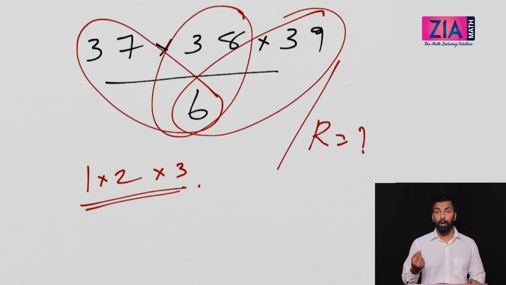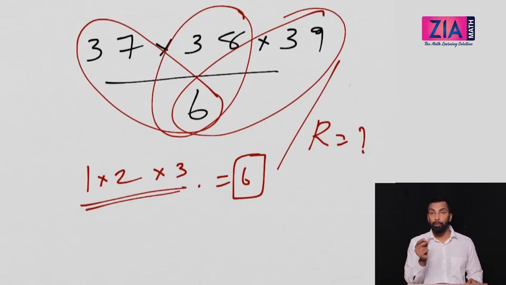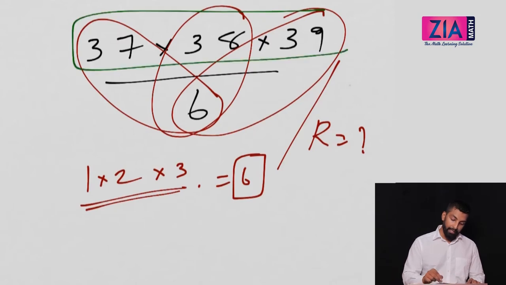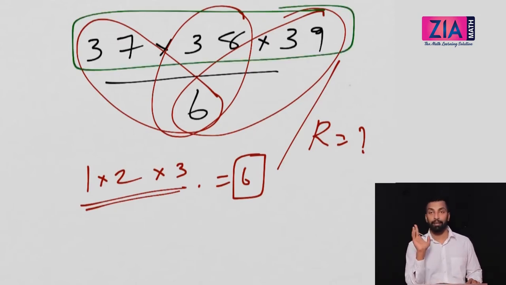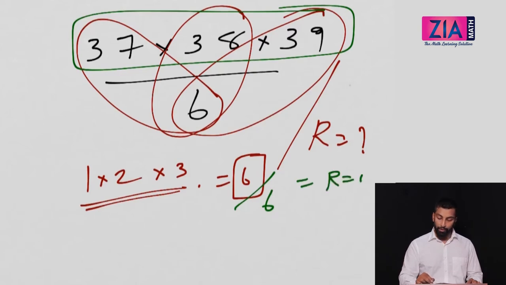So when you take the product, you will get 6. What does this mean? You are getting the divisor as the product of individual remainders, which means this given numerator is divisible by 6 and there is no remainder. Further you can divide by 6, so obviously you will get remainder equal to 0. I hope you understood this.